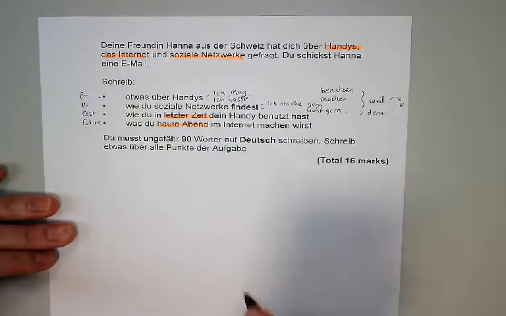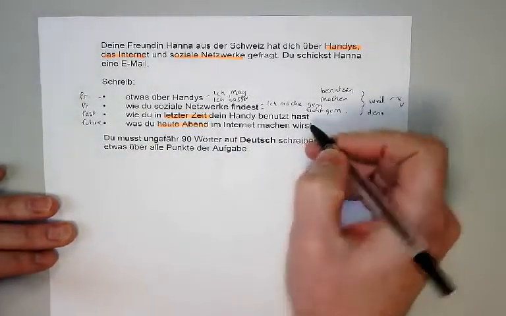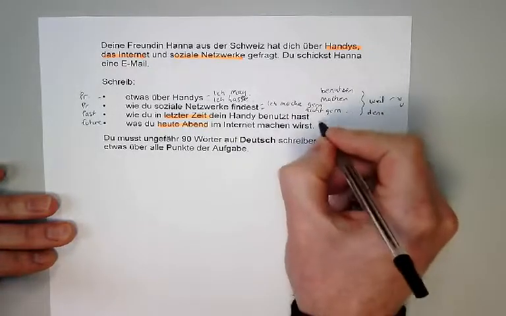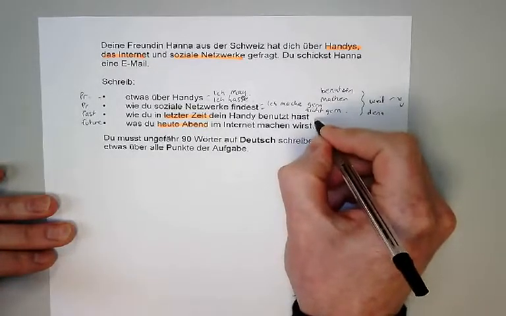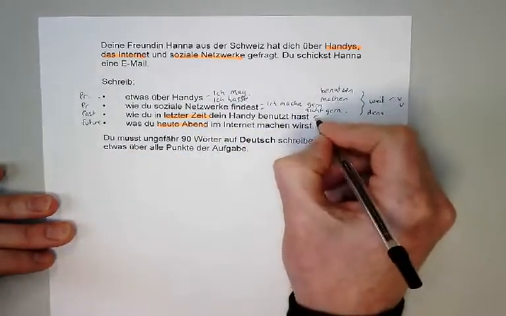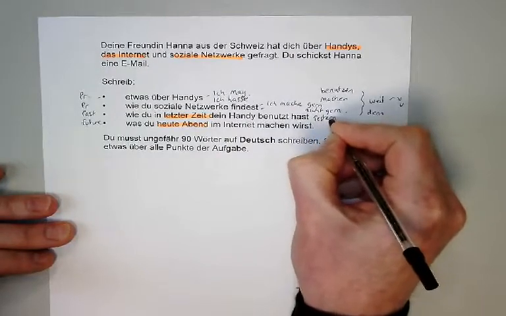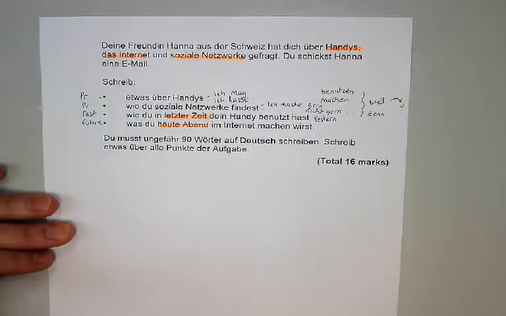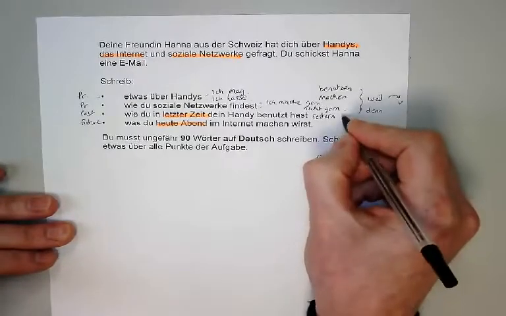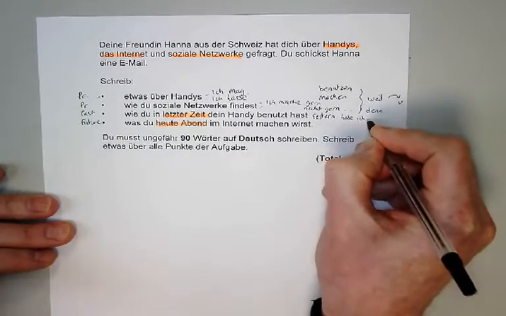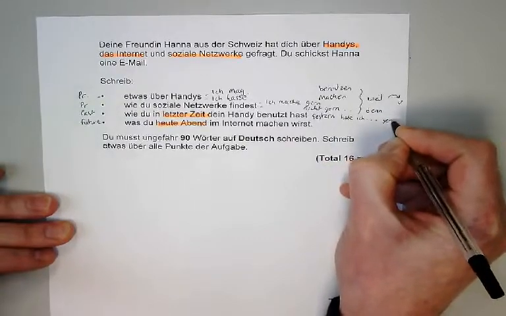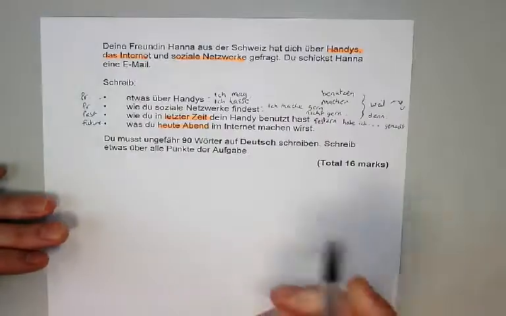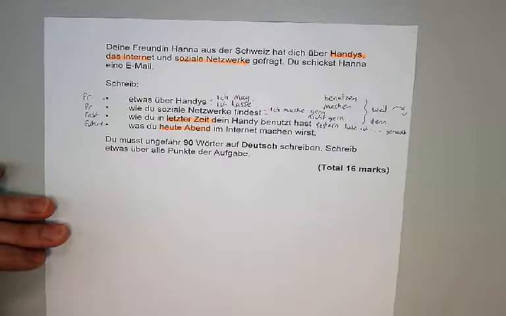Then we're going to look at the past tense, so what we've done recently. We may decide to stick to that time frame and start with in letzter Zeit, or we may just say gestern, because that would be something you've done recently if you're saying gestern. Habe ich, and then gemacht, or whatever language you're using for this bullet point.